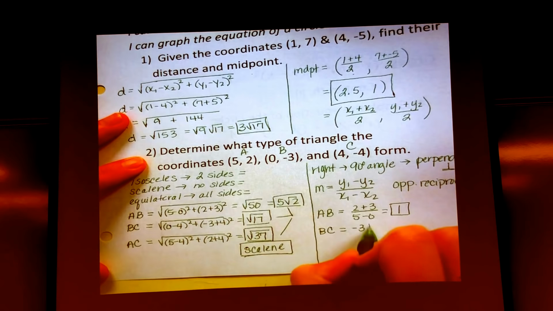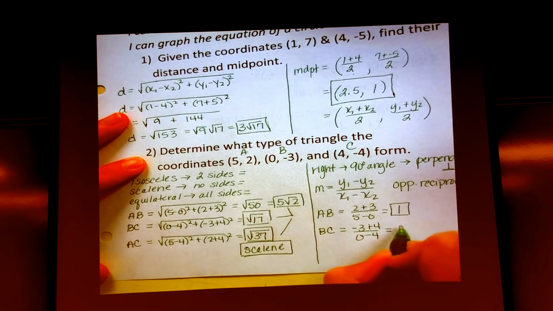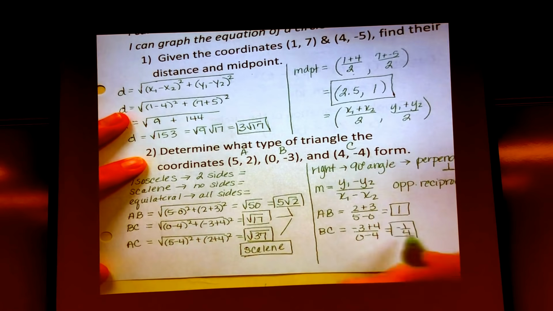We have negative 3 plus 4 over 0 minus 4 equals negative 1/4. So those two are not opposite reciprocals. We'll have to check this last one. So AC, we have 2 plus 4 over 5 minus 4 equals 6.